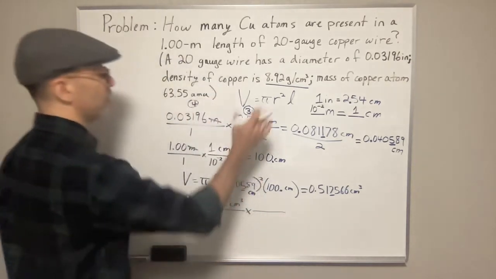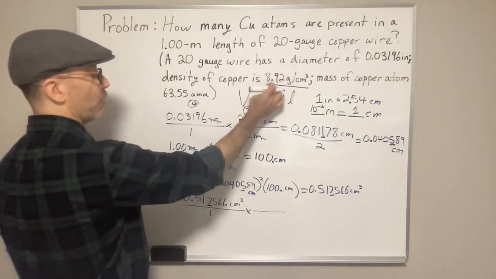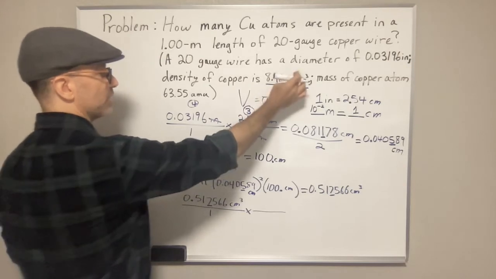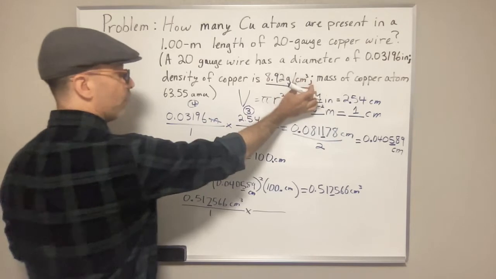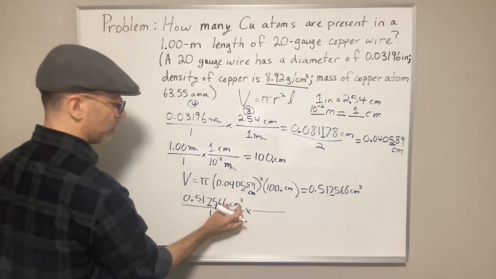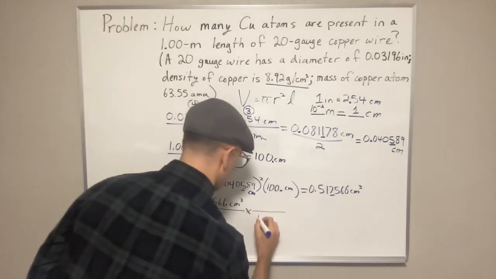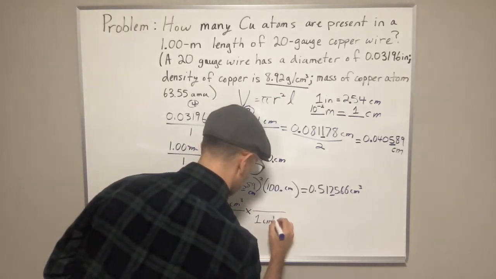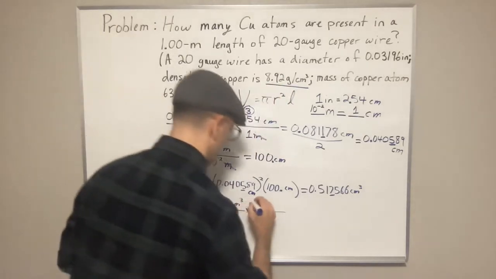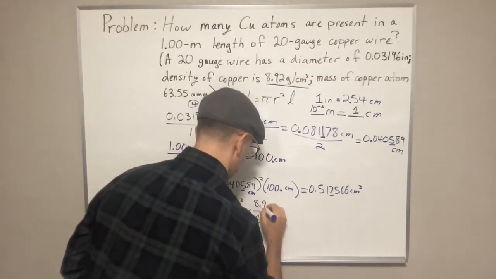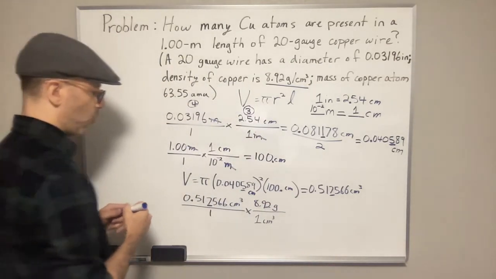And then I'm going to use the density as a conversion factor. So this is telling me that 8.92 grams is equal to 1 centimeter cubed. So I want the volume on the bottom because I have centimeters cubed here. So I want centimeters cubed here, and that's going to be 1 centimeter cubed on the bottom, and the 8.92 grams of your copper wire on top.